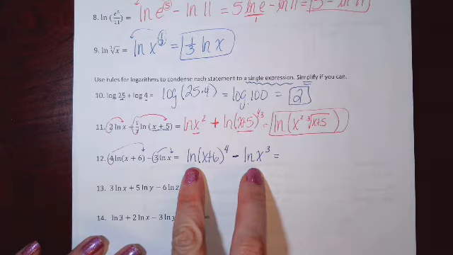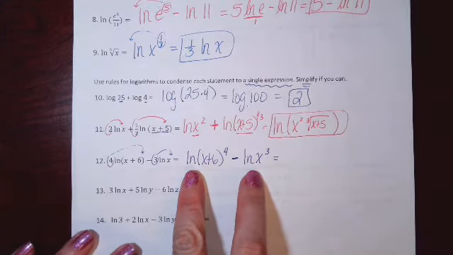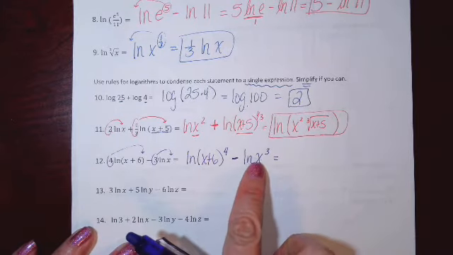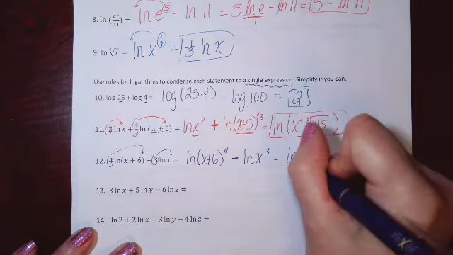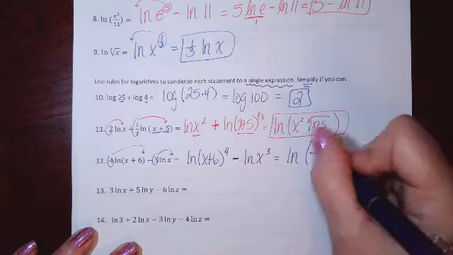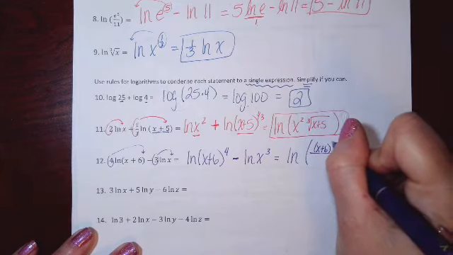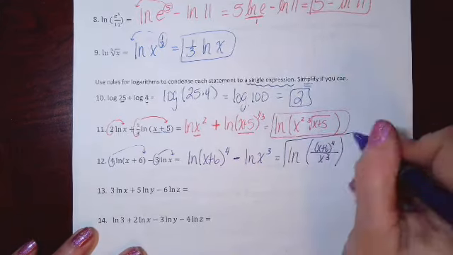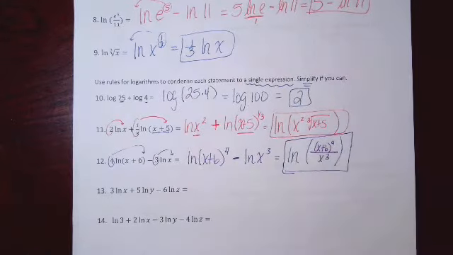What does subtraction pair with? Subtraction pairs with division. So numerator first, minus anything that's being subtracted goes in the denominator. Natural log of numerator over denominator, (x plus 6) to the 4th power over x cubed. Make sure that your powers, your exponents, are in the right spots.